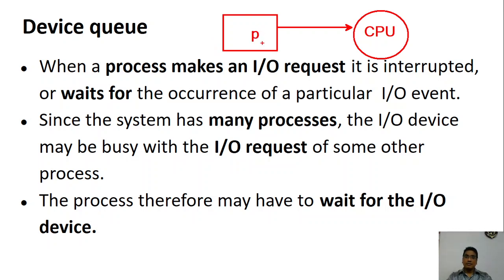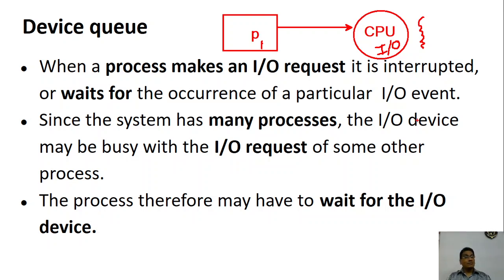Let me say this is the process P1 and it is executing its instructions, and the CPU is doing all the executing. Suddenly there is an input output request. You know very well that whenever there is an input output request, the CPU will not wait for the input or output.